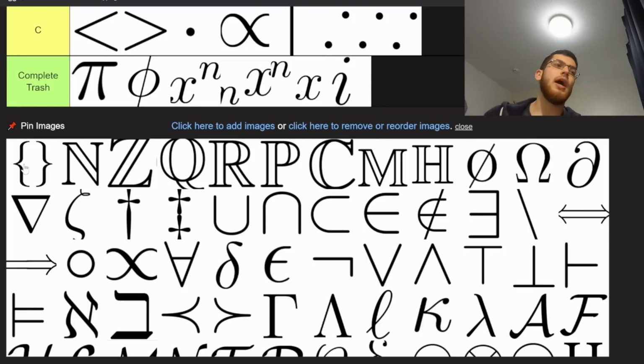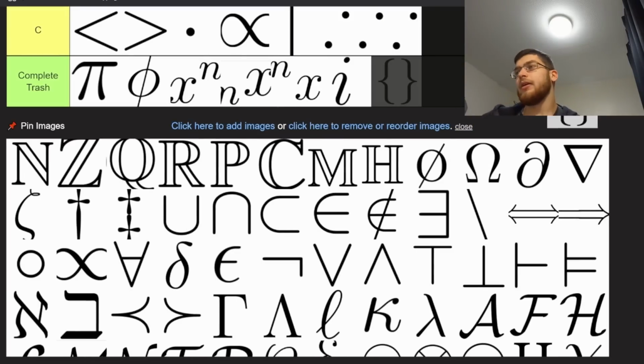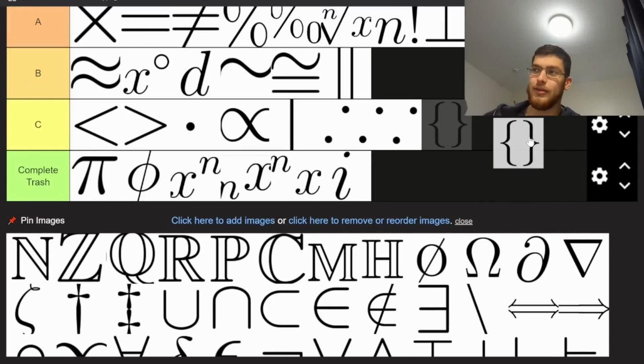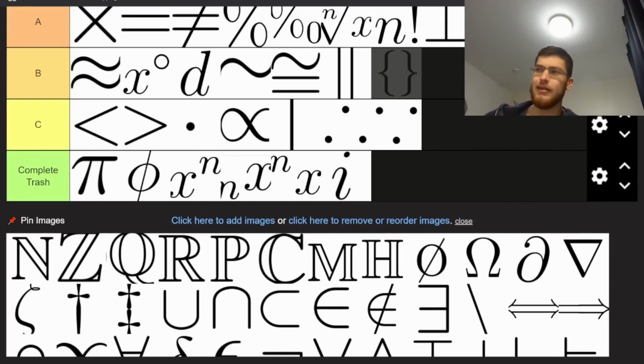Some people use it just as an alternative to brackets, right? So those two are already used, so we kind of had to go with this. But I'm not a huge fan because it's kind of hard to write, you know? I would prefer it if it was easier to write as a symbol so that when I'm writing the set of blah, blah, blah, I don't have to think about, oh, how do I do the curly thing again? You know, I can do it. It's just I have to think about it, and I don't want to have to think about it.